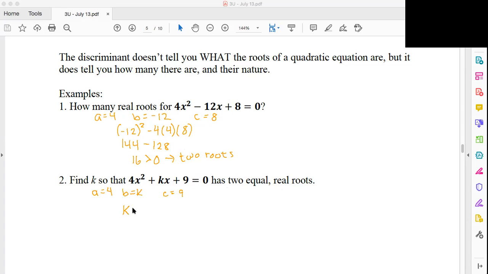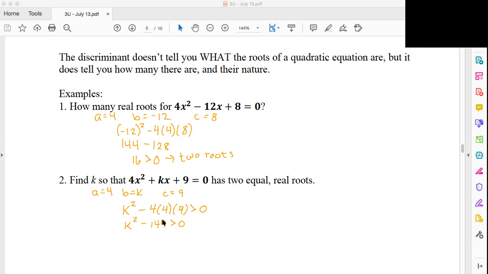So we're going to put k instead of the B here, minus 4 times 4 times 9. And you have to put it as this, so it has to be bigger than 0. So k squared minus 4 times 4 times 9, which is 144. We're going to do it the same way as when we were solving for x.